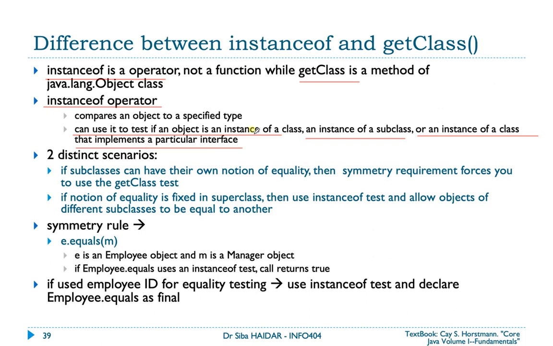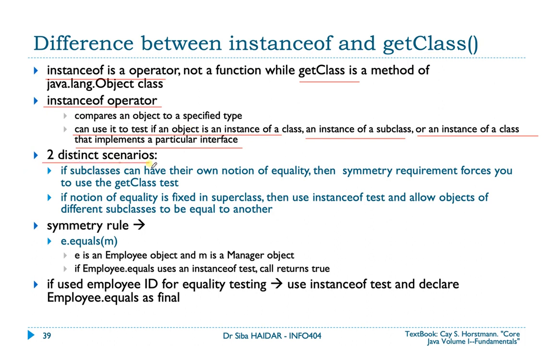So all these three cases return true if you compare an object with a type that the class of this object implements, with a type that is instance of it, a class, or a subclass of its actual class.